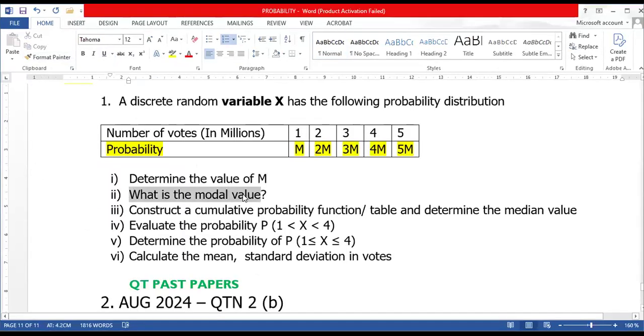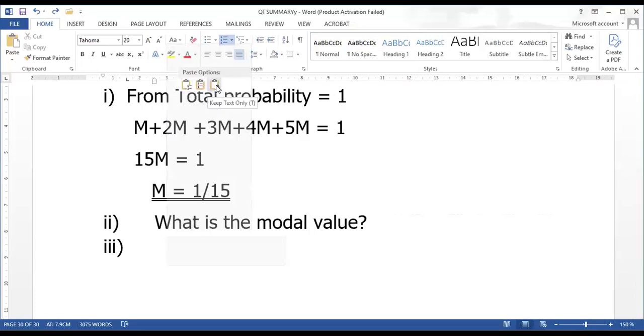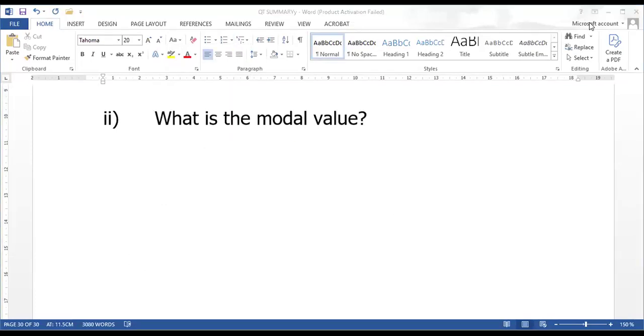What is the modal value? How do we get the modal value? The one with the highest probability will be your modal value.